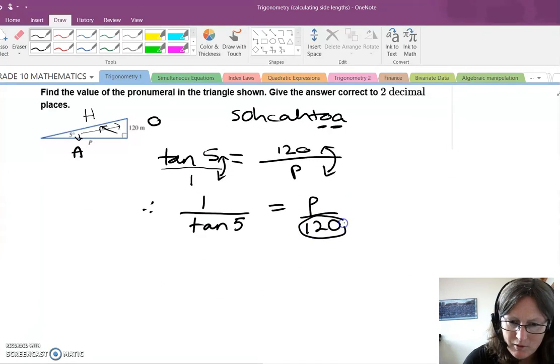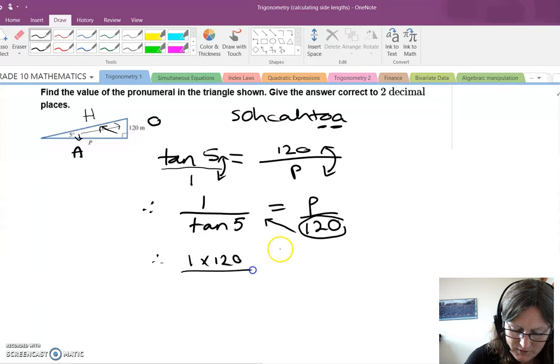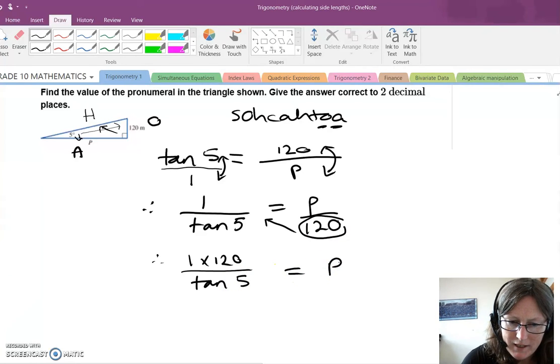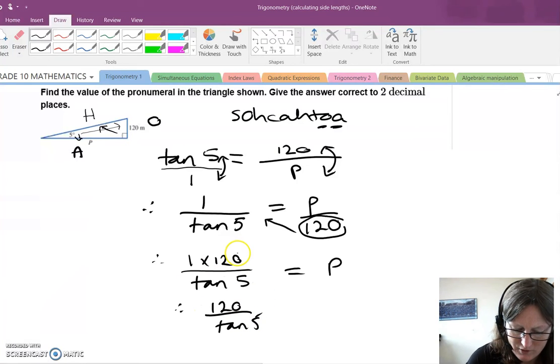This is P divided by 120. So we move the 120 over this side and we times this side. We do the opposite. In this case it's divide. When we move it, we times it by 120. So in our calculator we've got P is equal to 120 over tan 5, because 1 times 120 here gives us 120.